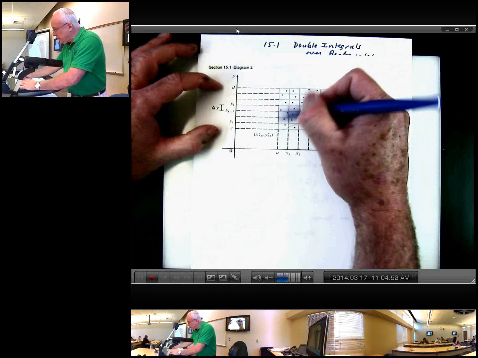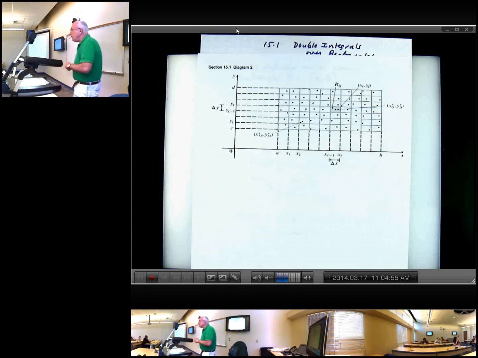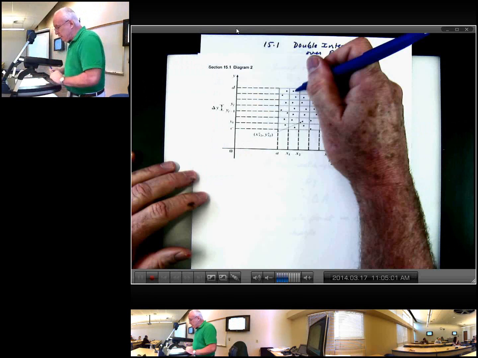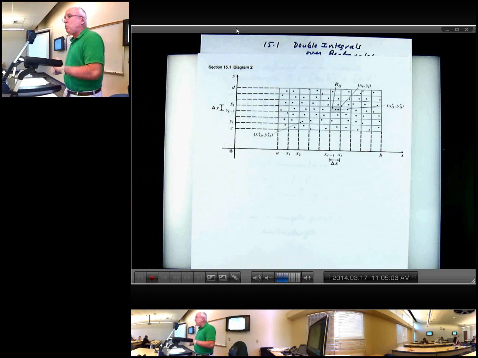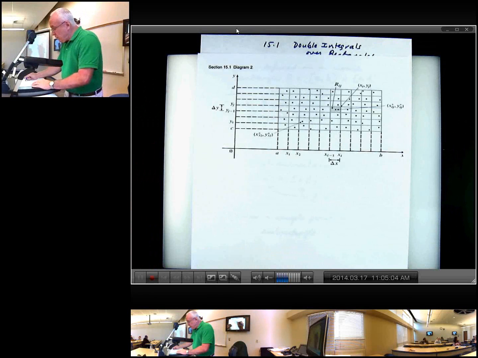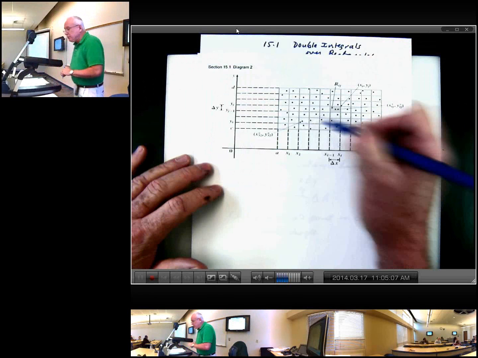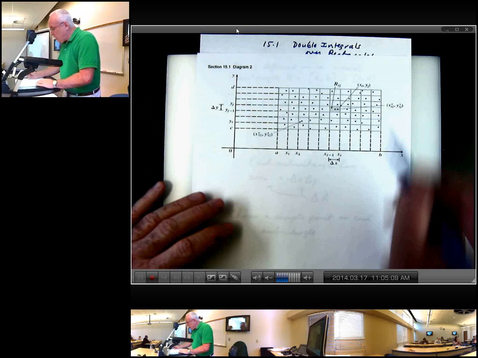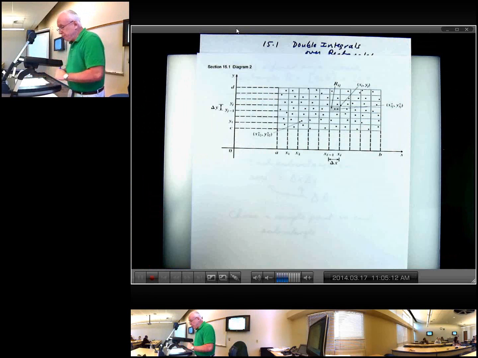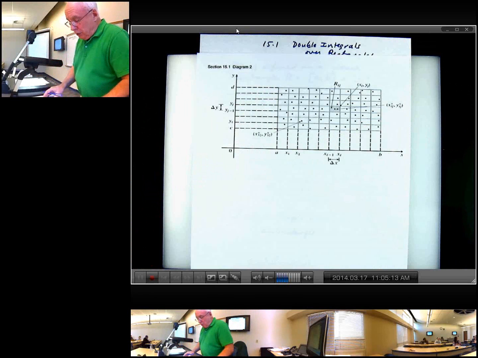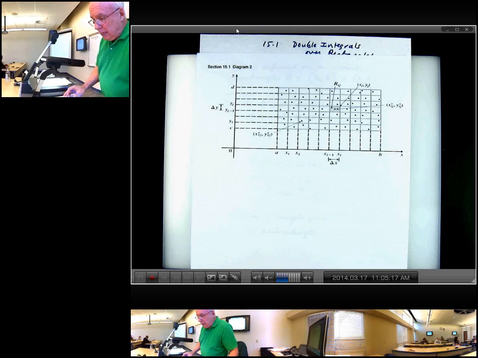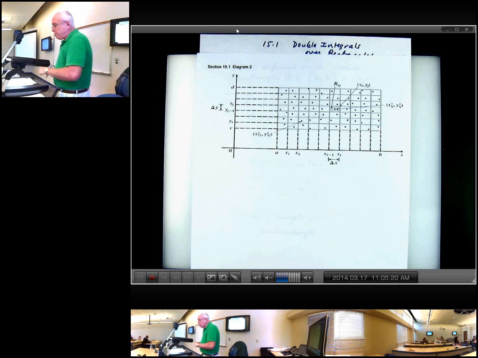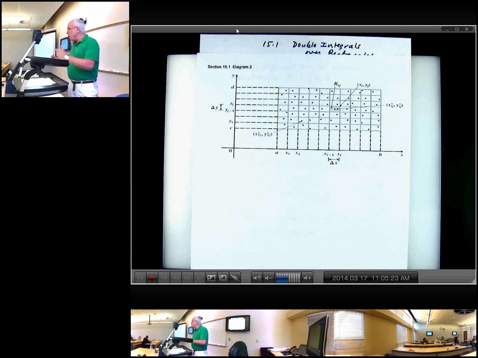So what we get are what are called subrectangles inside the bigger rectangle. And in each one of these rectangles, we choose a sample xy point. So anywhere within those rectangles, we have an xy value. Okay. Then what we're going to do with these sample points is apply those to our function.